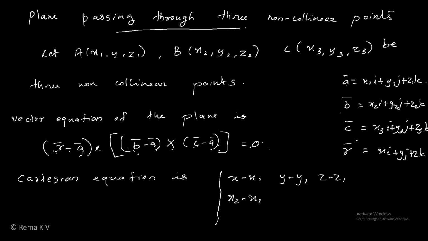And the third row is C minus A, which gives x3 minus x1, y3 minus y1 and z3 minus z1, equal to 0. This is the Cartesian equation.